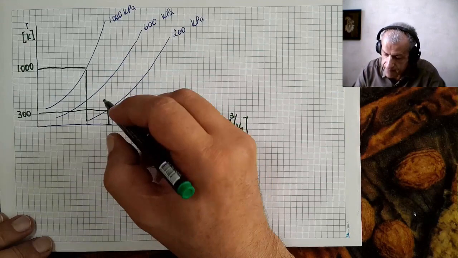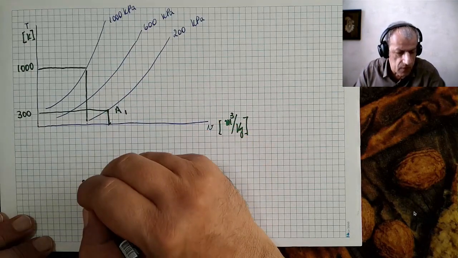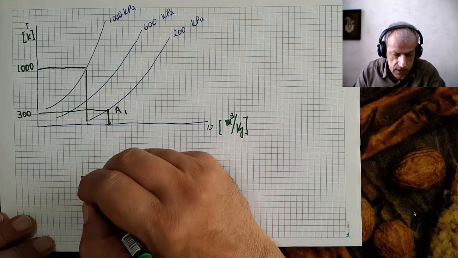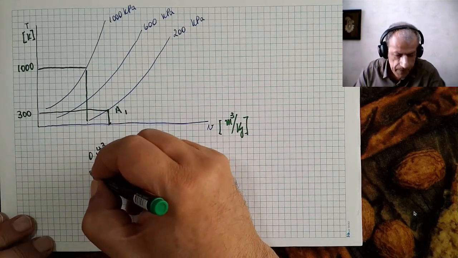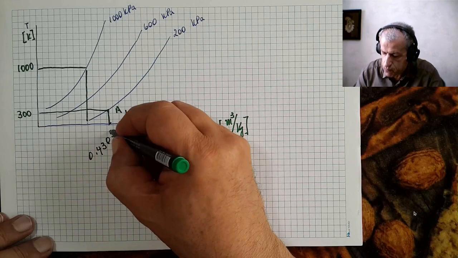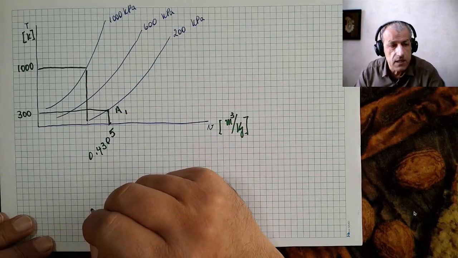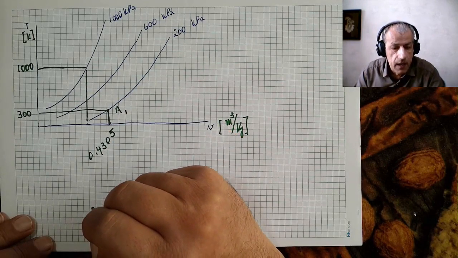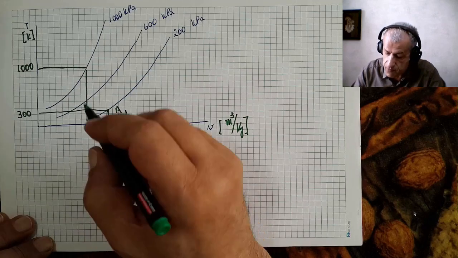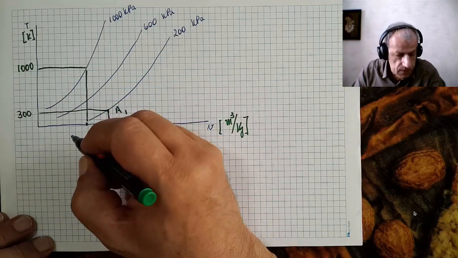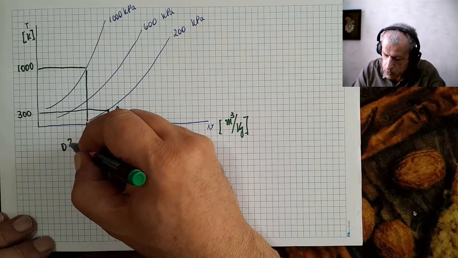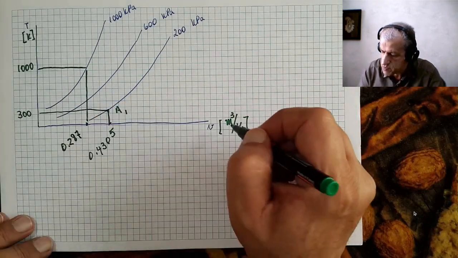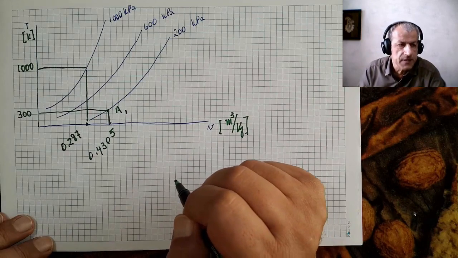So what we have here is the specific volume for A, which is 0.4305, the initial specific volume for A, and also a specific volume for B, which is 0.287 cubic meters per kilogram.